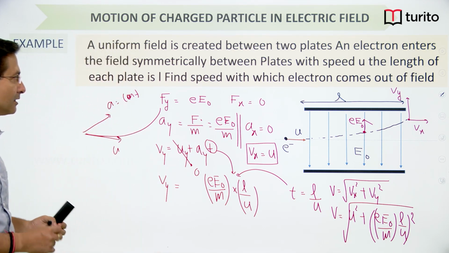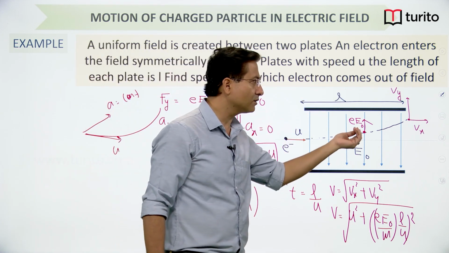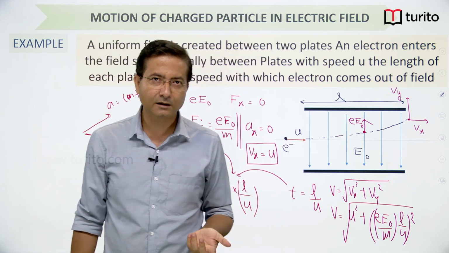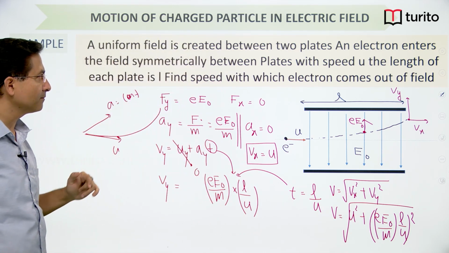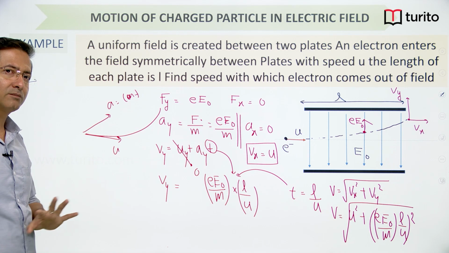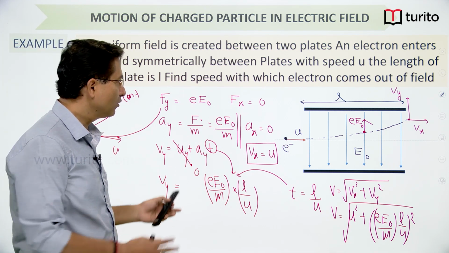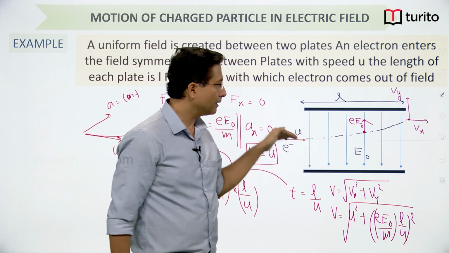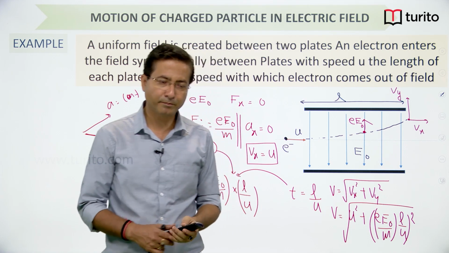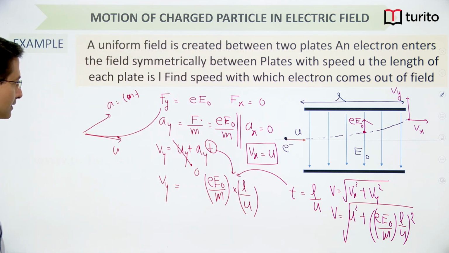Unless specified, in all these situations we do not take the effect of gravity. If nothing is written about gravity, you can assume that there is no effect of gravity, right. So, I hope this example is clear. Field was uniform and path followed by particle was parabolic.